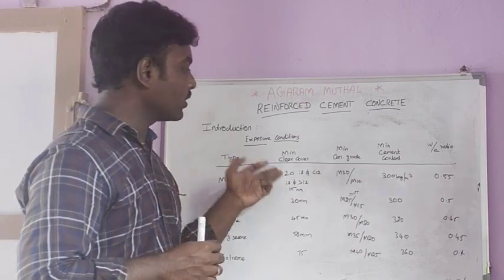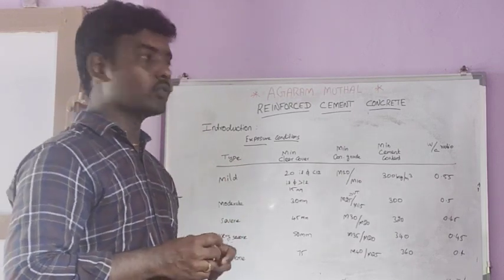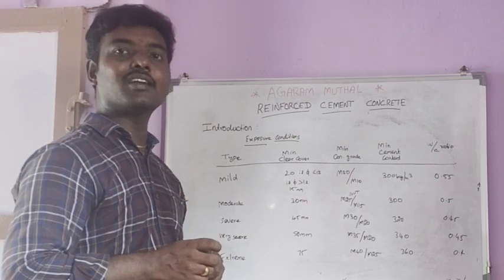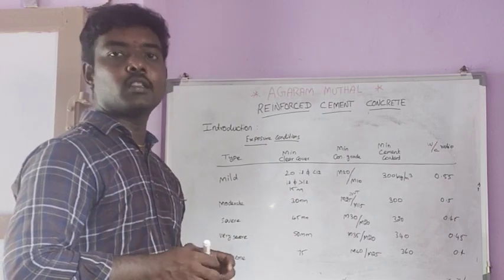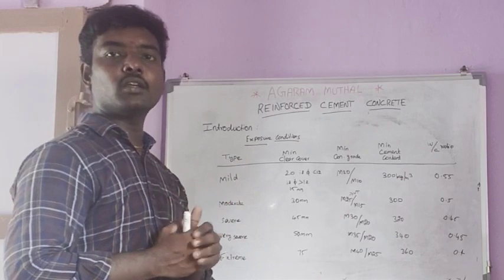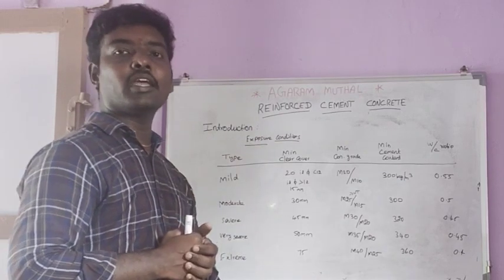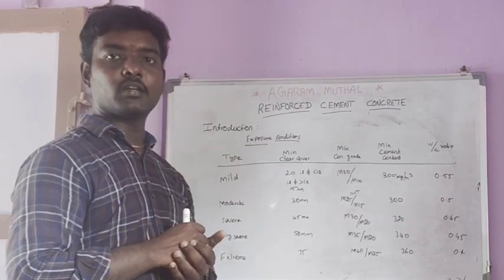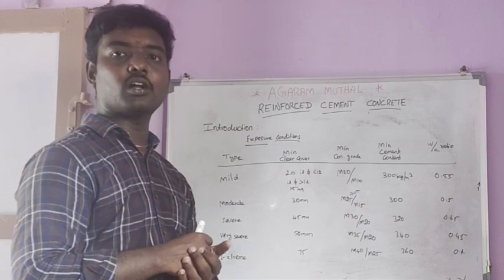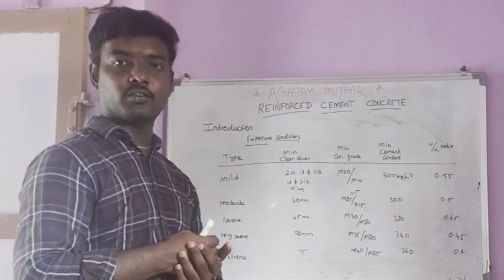So for this, the minimum clear cover. There is a word called clear cover, which is nothing but the gap between the reinforcement and the end of the structural element. So that gap is called the clear cover.